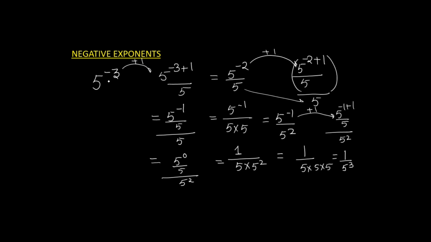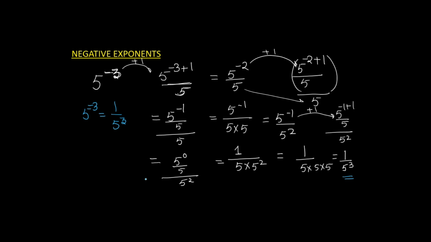Okay, so what we have done here: every time we have a negative exponent, we have added 1 to it and divided by 5 to represent the same number. So we see that 5 to the power negative 3 is written as the reciprocal of the base 5, which is 1 upon 5, and the minus 3 sign changes and becomes plus 3, which we got here.